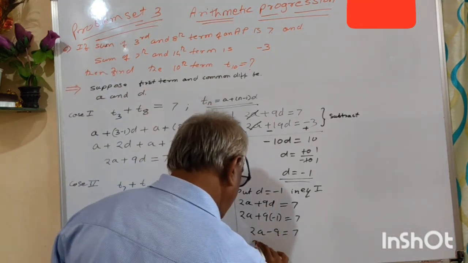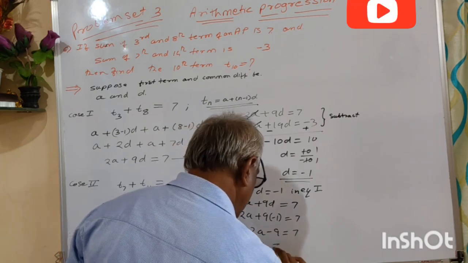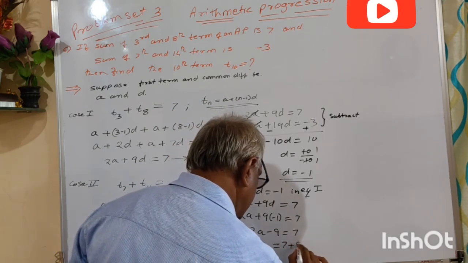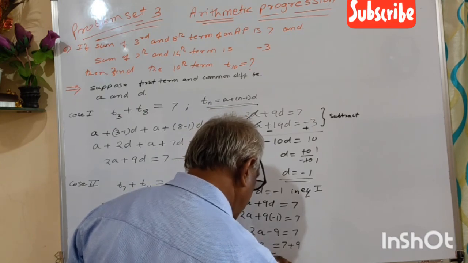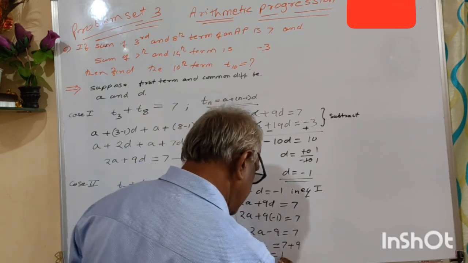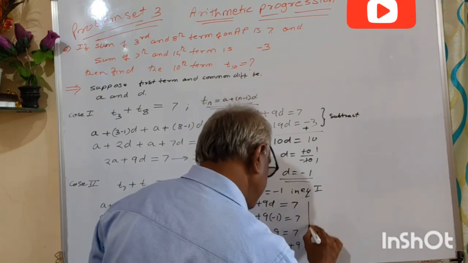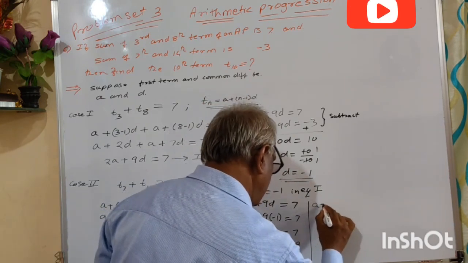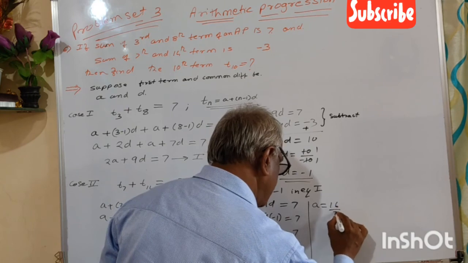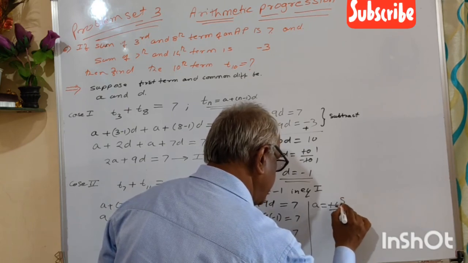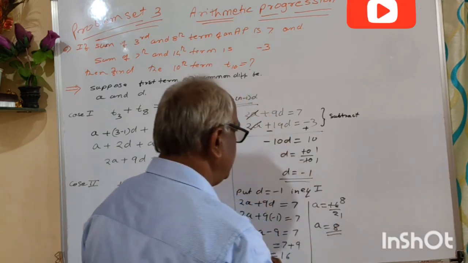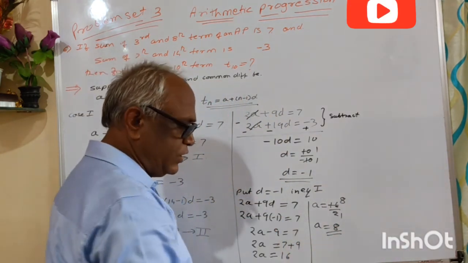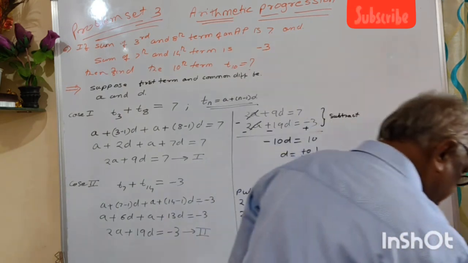Then 2A is equal to 7 plus 9, that is 16. Then A is equal to 16 upon 2. 2 eights are 16. A is equal to 8 we got. A is equal to 8 and D is equal to minus 1 we got here.